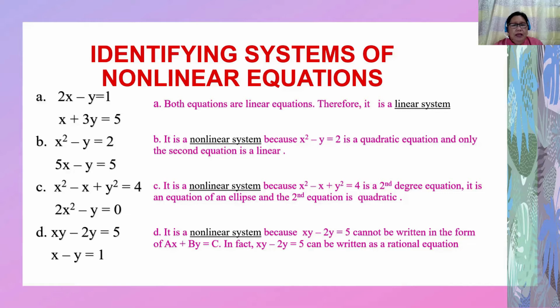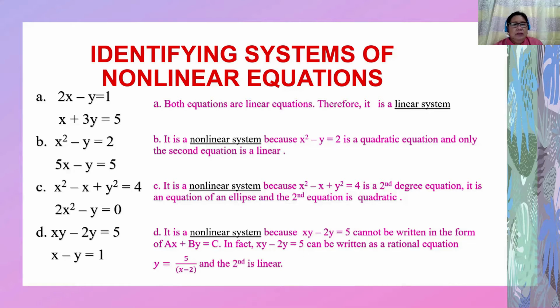In fact, xy minus 2y equals 5 can be written as a rational equation equivalent to y equals 5 over x minus 2. And the second equation is a linear equation. Do you have questions? There is none.